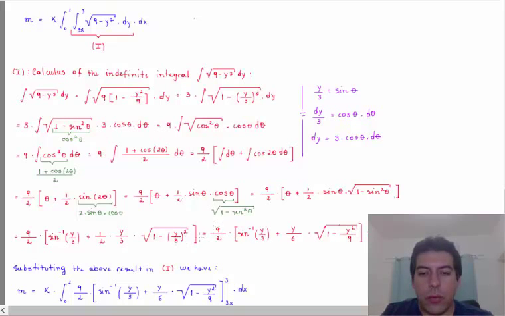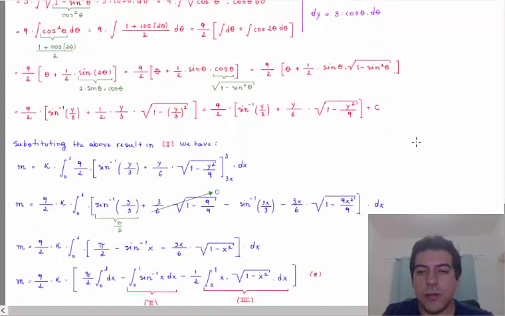So we have 9 over 2 times sine minus 1 of y over 3 plus y over 6 times square root of 1 minus y squared over 9, and we added a constant right here since we have an indefinite integral.